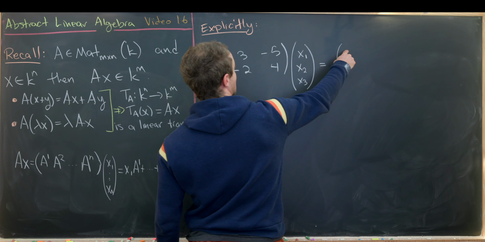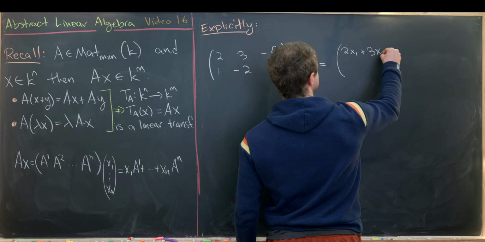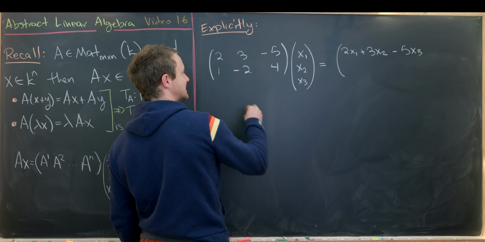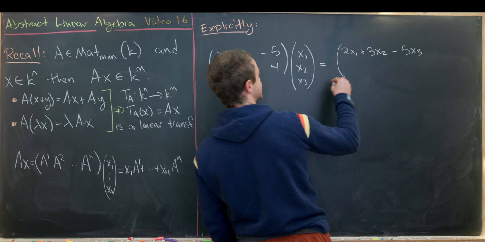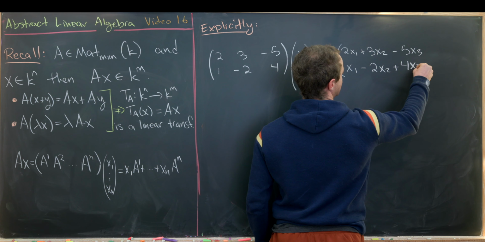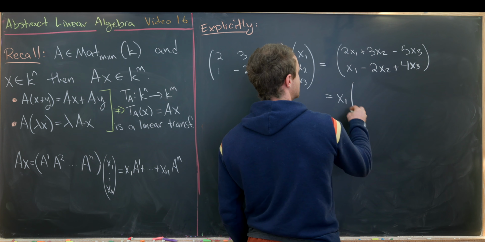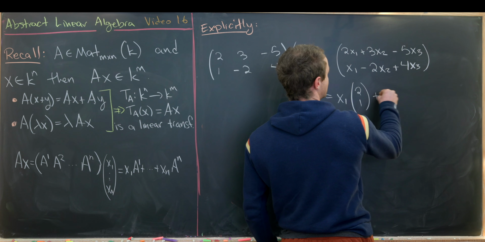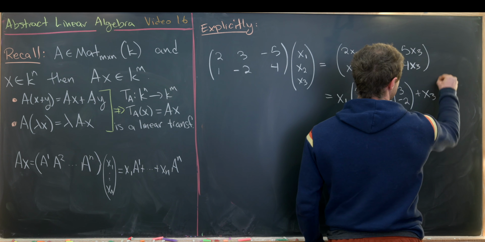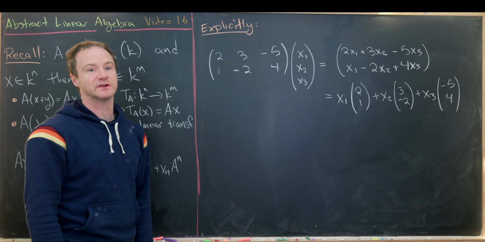So my top entry is 2x1 plus 3x2 minus 5x3. Likewise for the second entry, I get x1 minus 2x2 plus 4x3. But I can factor that as x1 times the vector (2, 1), plus x2 times the vector (3, minus 2), plus x3 times the vector (minus 5, 4). Those are exactly the columns of my original matrix.